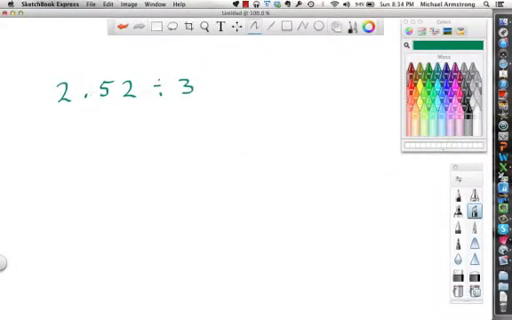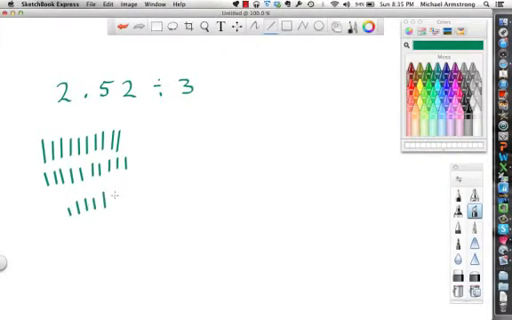So here I've got 2 wholes, and I've got 5 tenths and 2 hundredths, and we're going to just start with those wholes. And then I have 5 tenths.